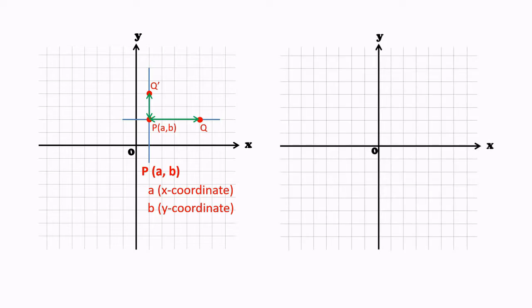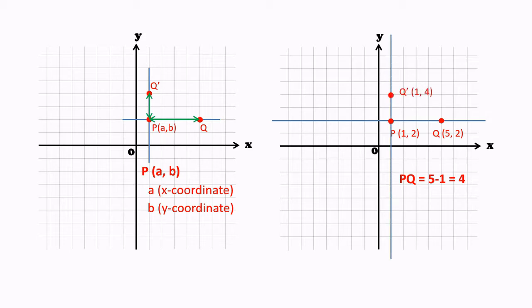In this plot, Q (5, 2) is on the horizontal line of P (1, 2). The distance between P and Q is the difference between the x coordinates, 5 minus 1 equals 4. If Q (1, 4) is on the vertical line of P (1, 2), the distance between P and Q is the difference between the y coordinates, 4 minus 2 equals 2.